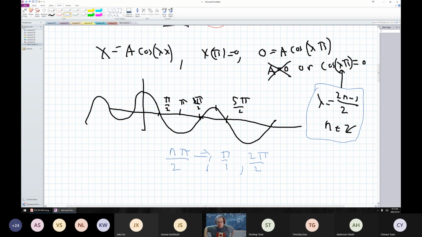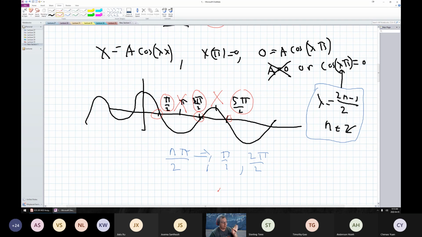I need to skip every other one because of the way that the roots work out. My roots here skip: I have odd number over 2, odd number over 2, odd number over 2, and not arbitrary integer over 2. So that's why I want to skip. Basically, here I don't want the pi or the 2 pi.